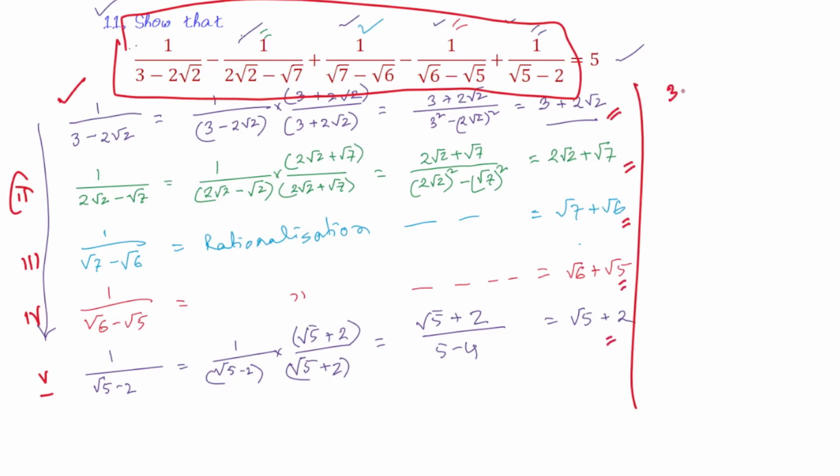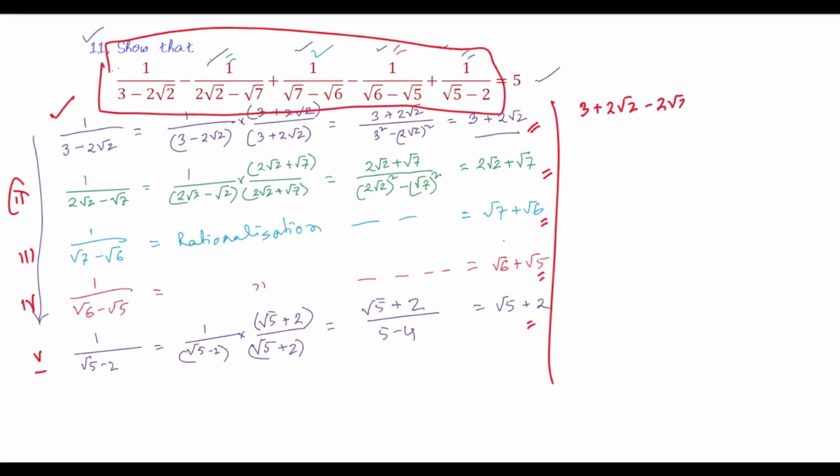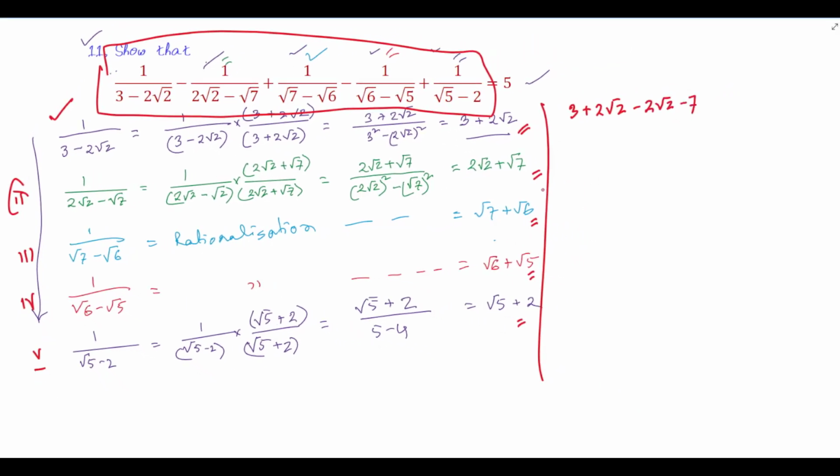You will get 3 plus 2 root 2 minus 2 root 2 minus root 7, then plus root 7 plus root 6, then this fourth term, that is minus root 6 minus root 5, then plus the fifth term, that is plus root 5.